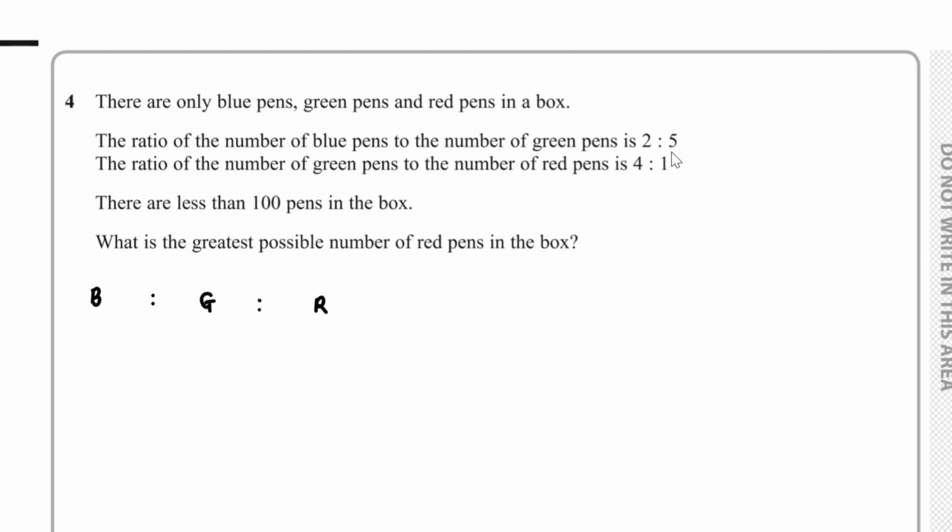Now, here, it will make sense for us to get the greens the same. The lowest common multiple of the 4 and the 5 is 20. So we've got 20 over here, and then if I multiply the 5 by the 4, I get 20. If I multiply the 4 by the 5, I get 20.